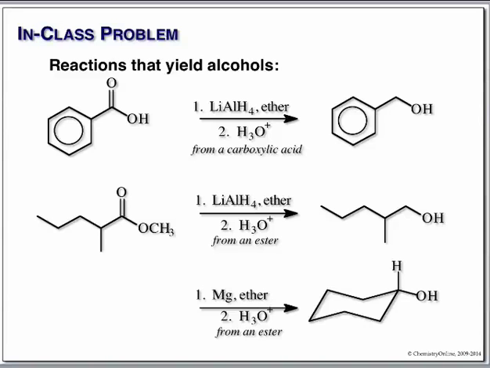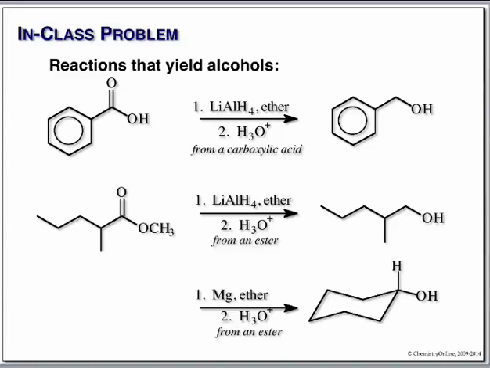What you need to do is to look at this and decide what 2 bonds we made in our Grignard reaction. Well, this used to be the carbonyl, didn't it? We know that. It's an ester, so attached to this carbonyl was an alcohol portion of some sort. We don't know what it was, we don't care.